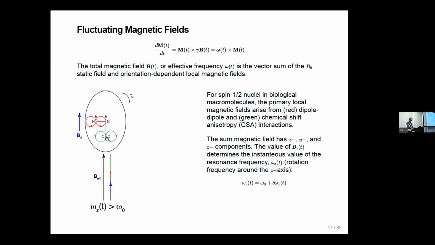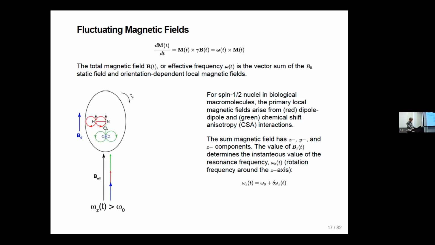And there also may be nearby some circulating electrons in carbonyl groups or aromatic groups, to be the most prominent examples in a protein. And those circulating electrons also generate a magnetic field that would be felt by the nitrogen.